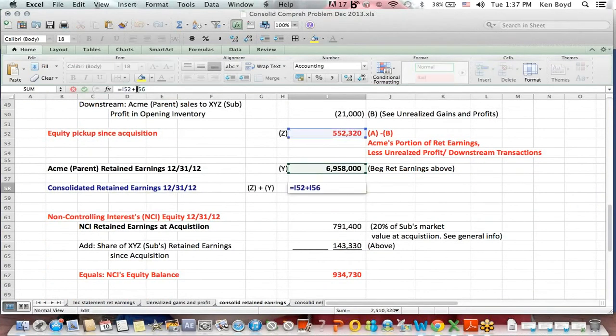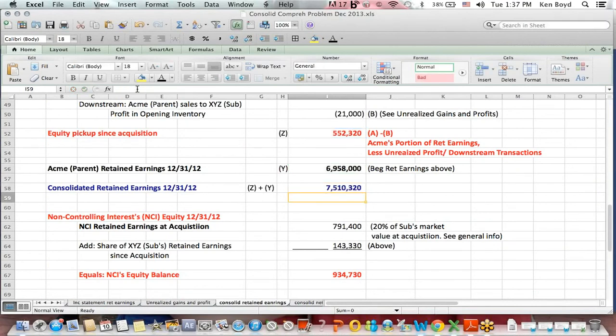So my consolidated retained earnings are Acme's retained earnings in green that I got from the balance sheet at the top, plus Acme's share of retained earnings in red, 552,320. So there is my consolidated retained earnings number, about 7.5 million.